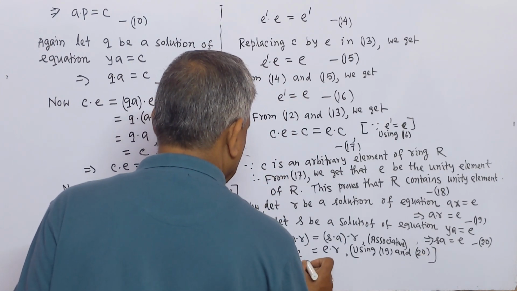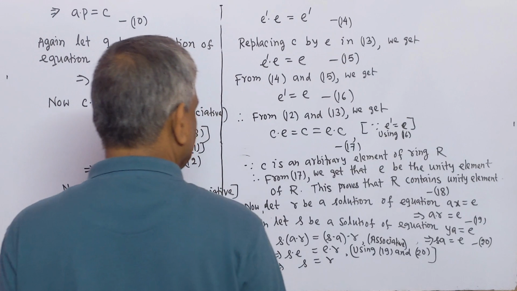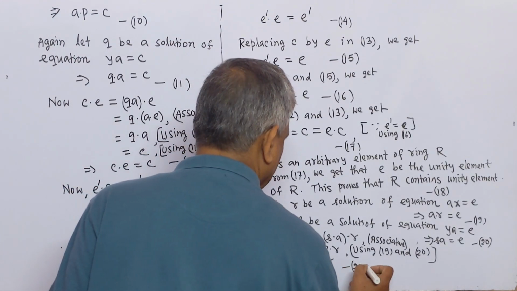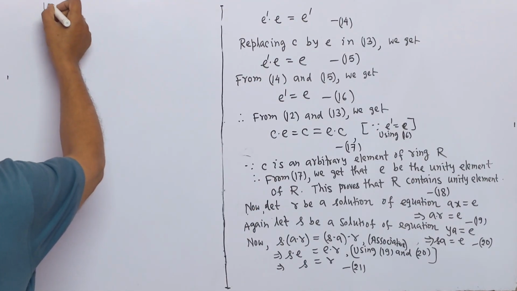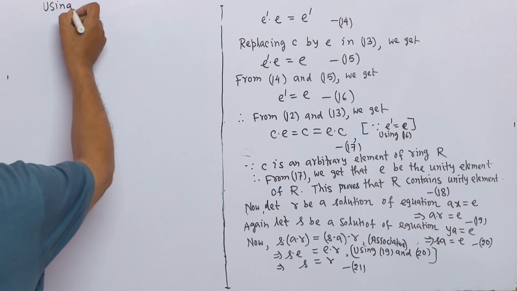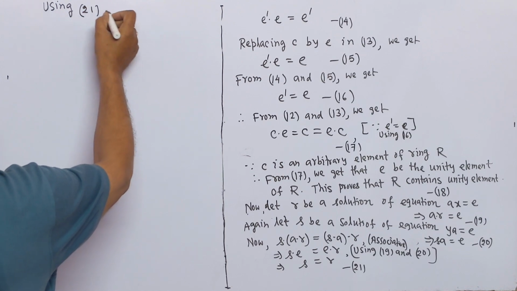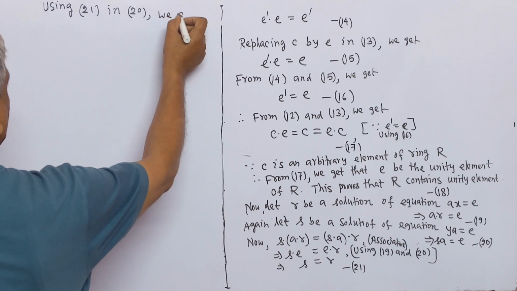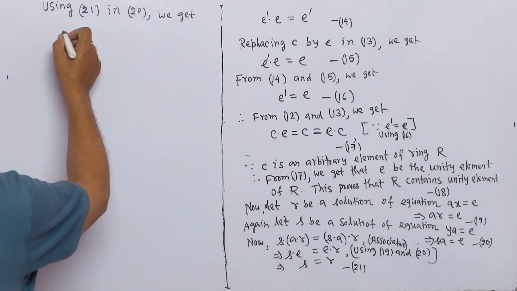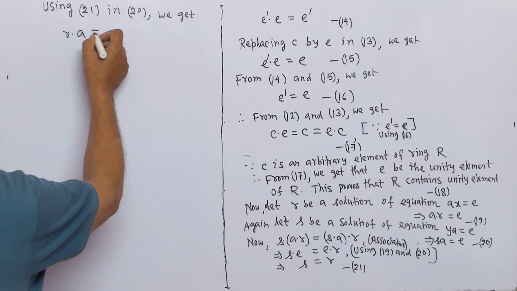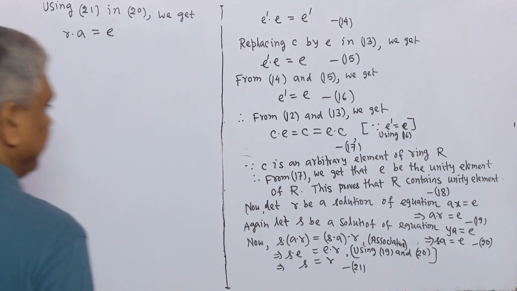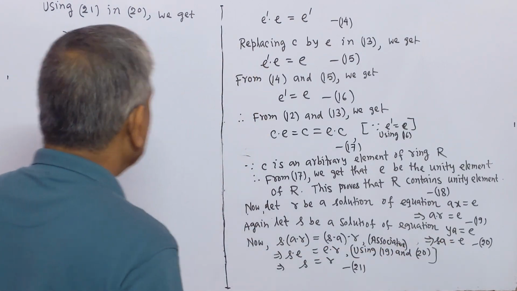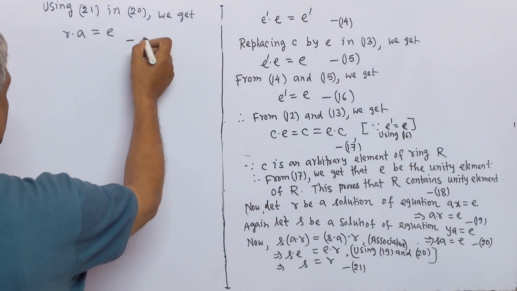Implies that S equal to R. This is number 21. Using 21 in 20 we get R multiply A equal to unity element. Here in place of S we write R. This is number 22.